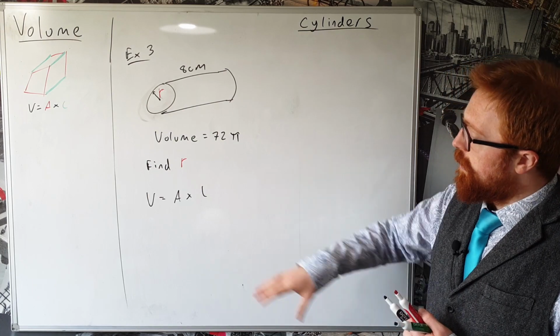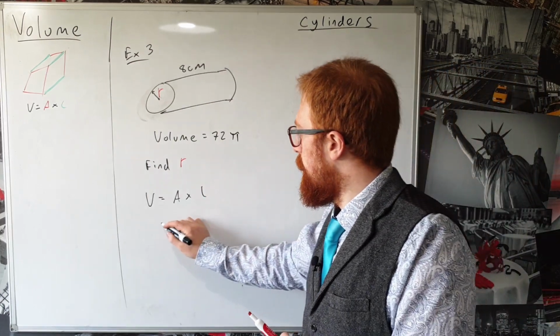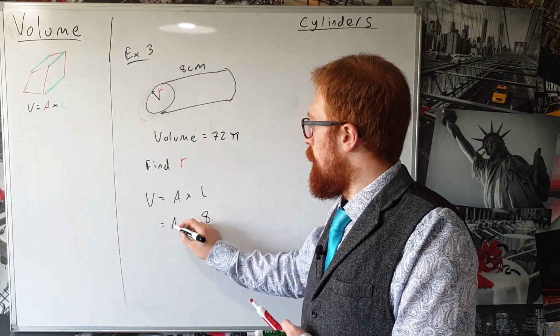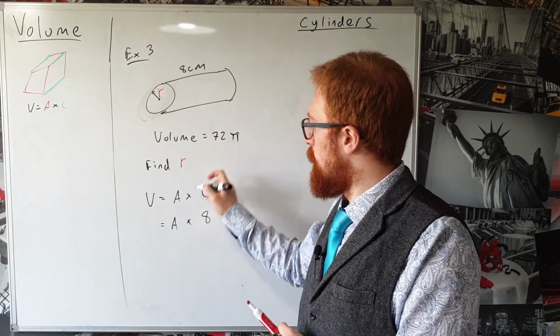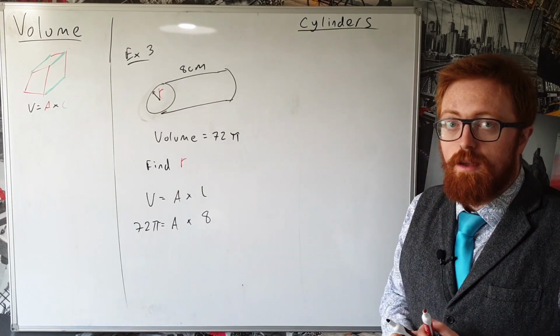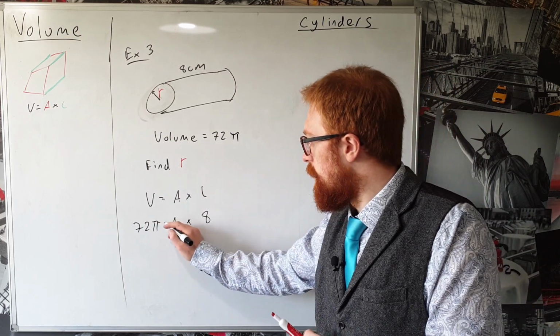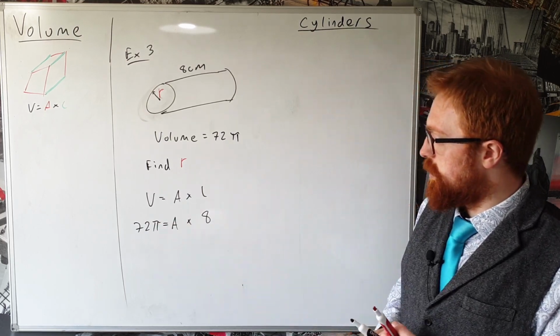Okay, so when they were working this question out, they knew what the length was. They knew that the length is 8. They didn't know what the area was, but then they got 72 pi as an answer. So what we can do is we can think, okay, they're working this question out.